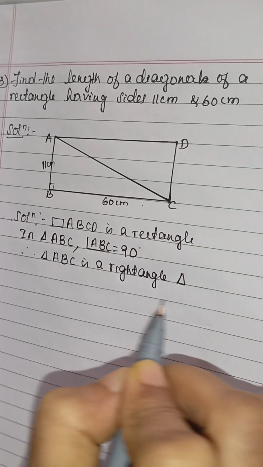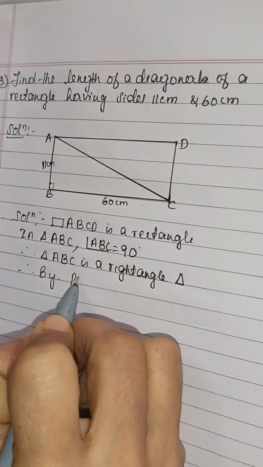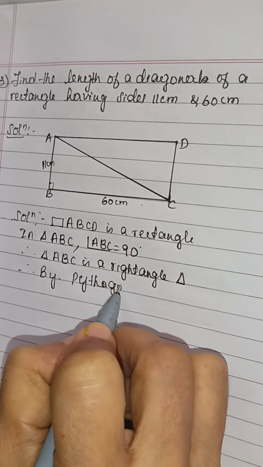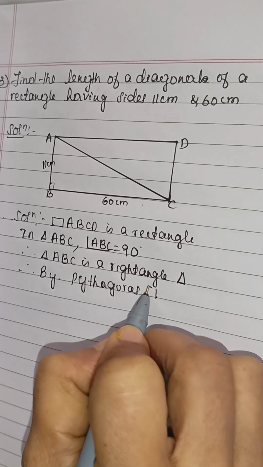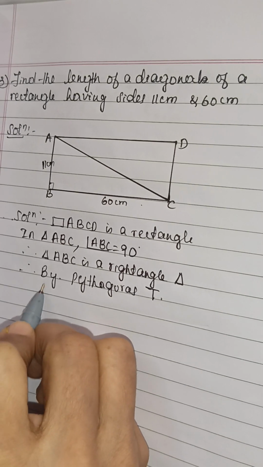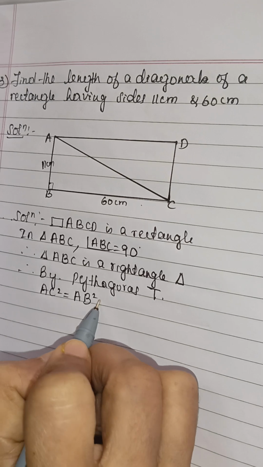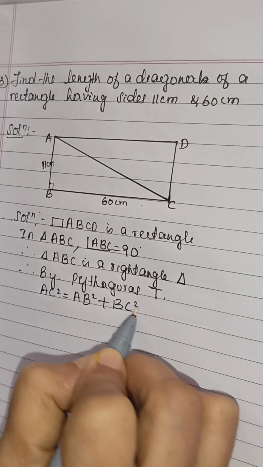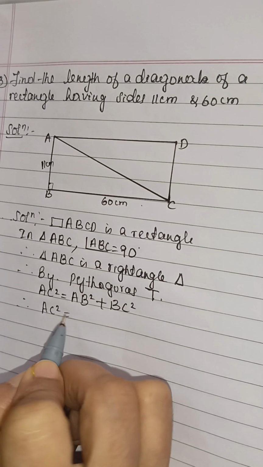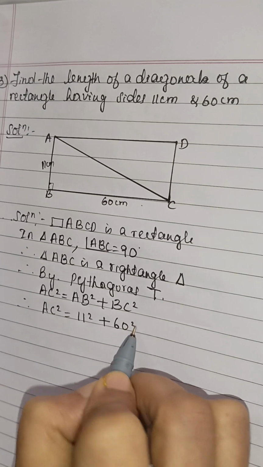Right angle triangle, therefore by Pythagoras theorem, AC square equals AB square plus BC square. AC square, AB square is 11 square plus BC square is 60 square.